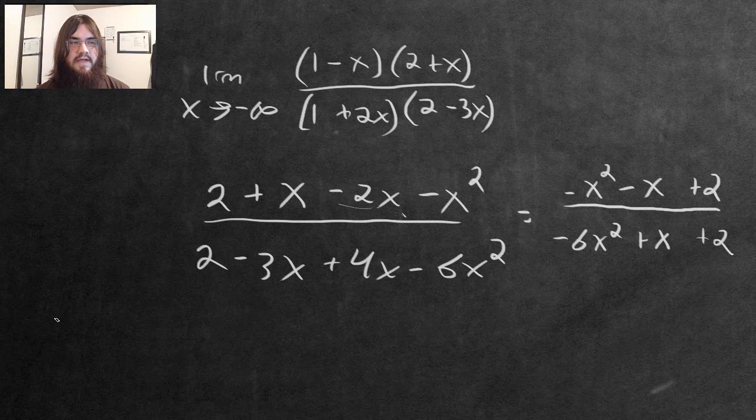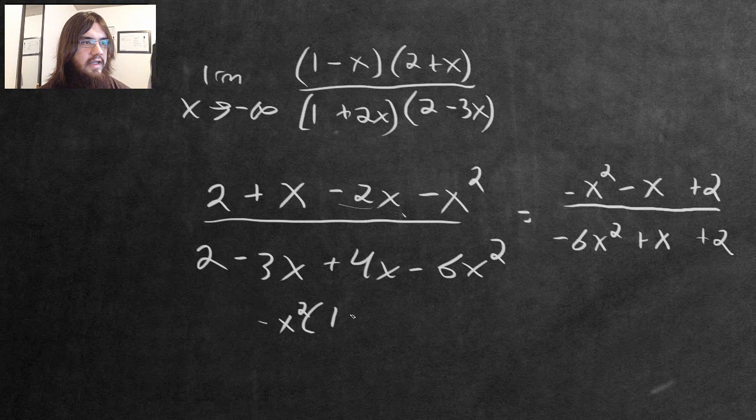Now the next step we want to take is factoring out the variable that has the highest degree. In this case, it's going to be x squared. So if we factor that out, we would have x squared here. I guess I can put the negative out there.